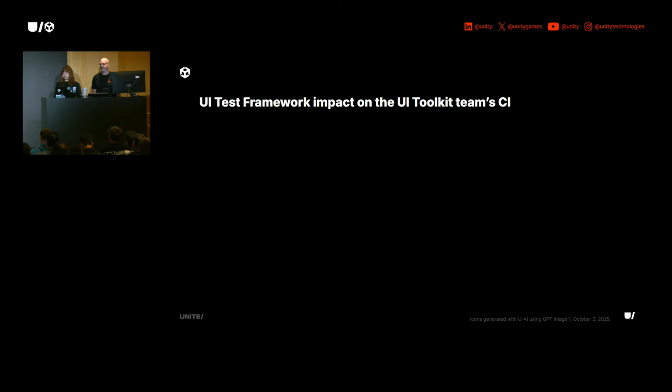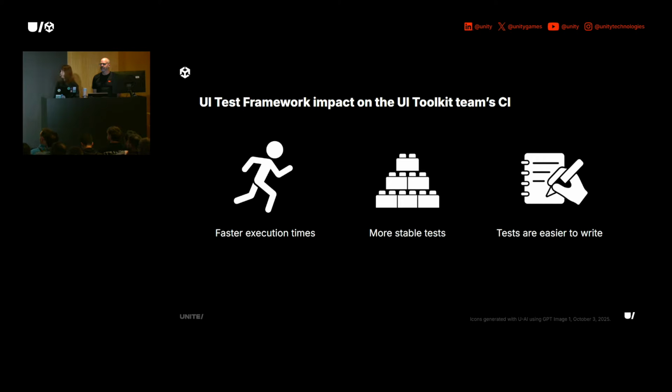Within the UI Toolkit teams at Unity, we have continuous integration, also called CI, jobs that run all the automated tests for that team on every PR they open. One of the UI Toolkit teams integrated UI test framework into their existing tests.